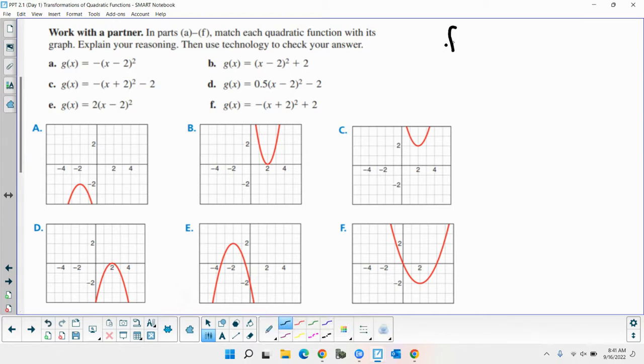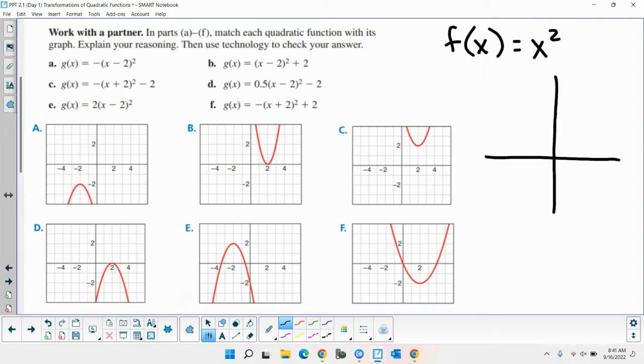So I'll give you a little hint, reminder. There's the parent function in green, right? So hopefully that'll help you a little bit. Excuse me, got the hiccups a little bit.